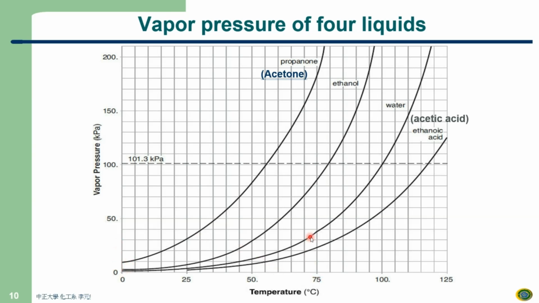You have a point close to 75 on this line, so you can get something like 30 something millimeter mercury, or kilopascal, the unit is different. So you have acetone, ethanol, water, and acetic acid, whatever.